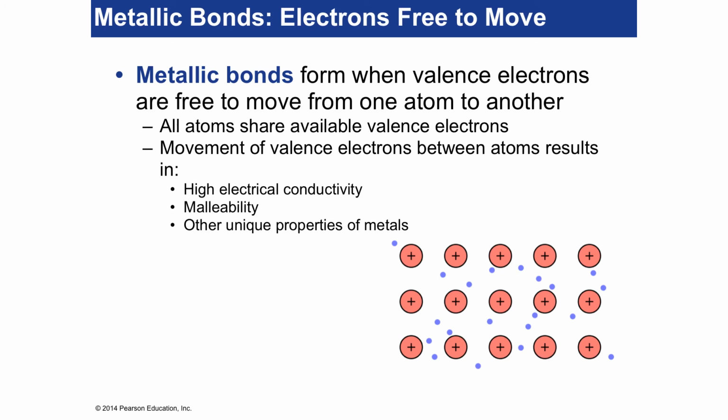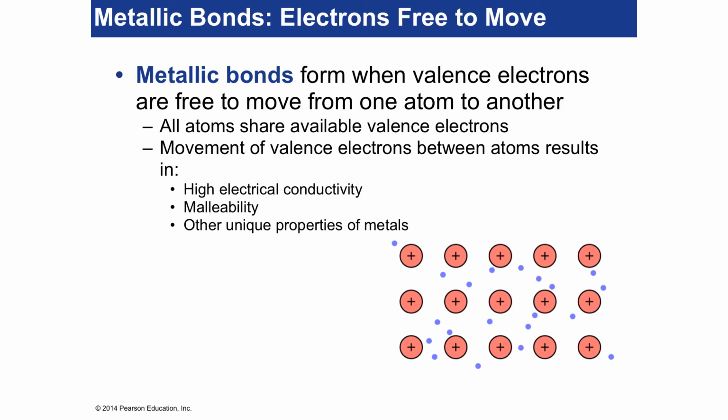Electricity is the piling up or the transfer of electrons through some kind of a conductor. And a metal is a perfect conductor of electricity because of all of these delocalized electrons in a metallic bond. The other thing that's true of metals for this reason is that you can stretch them, okay?